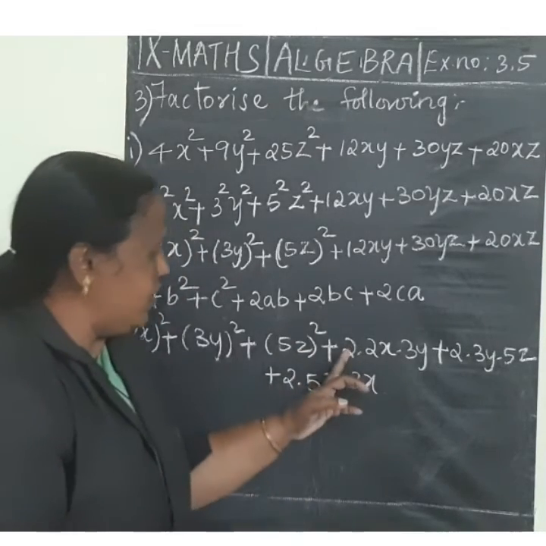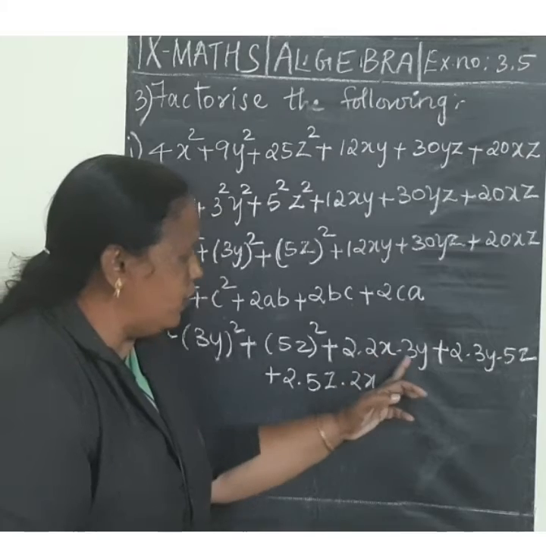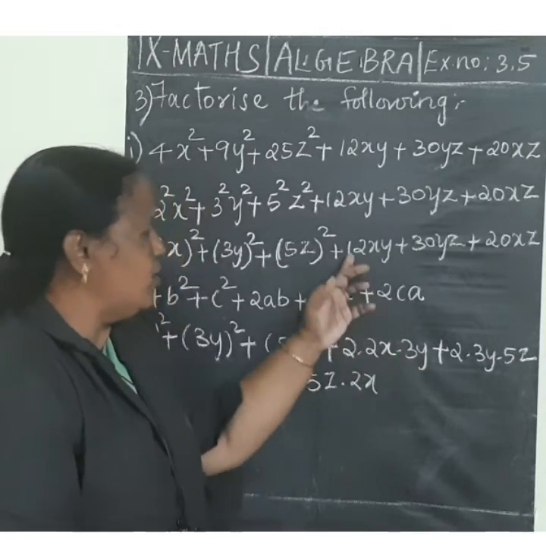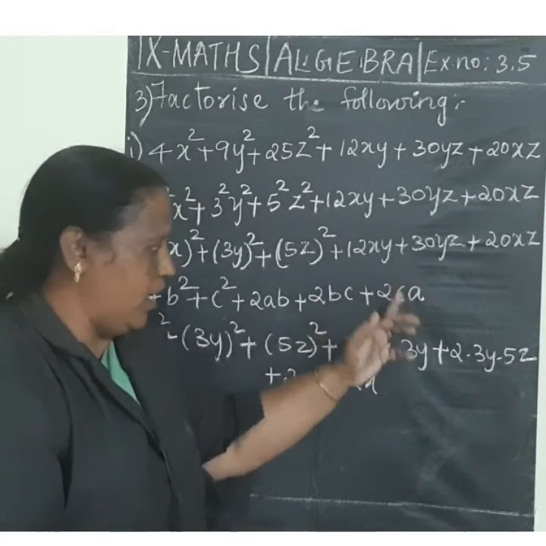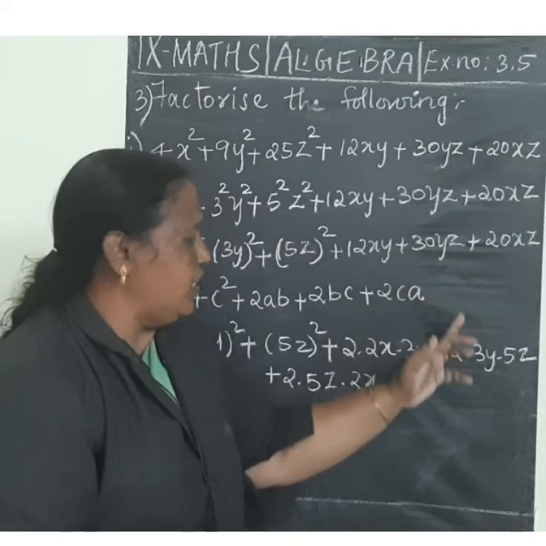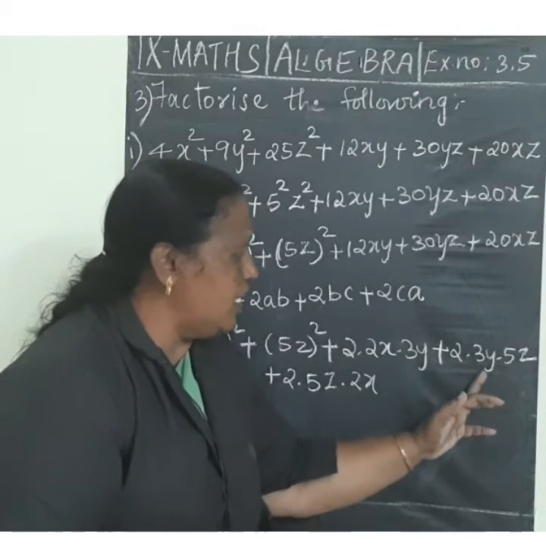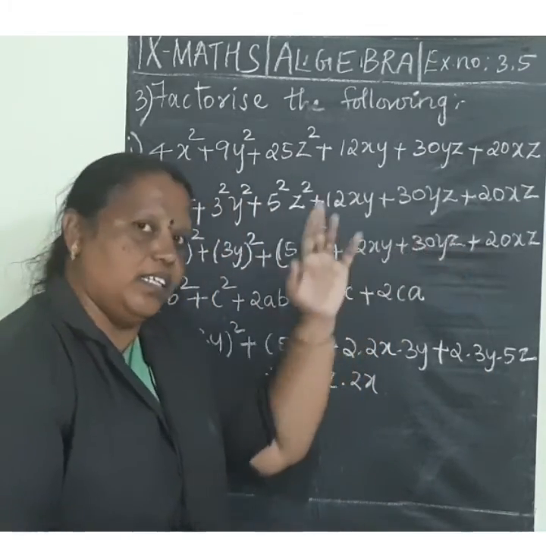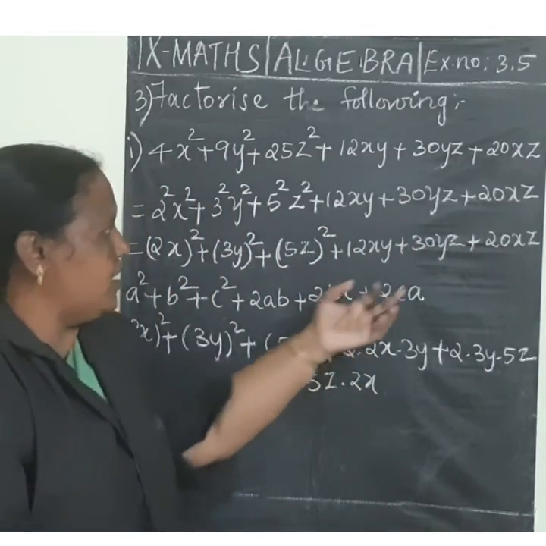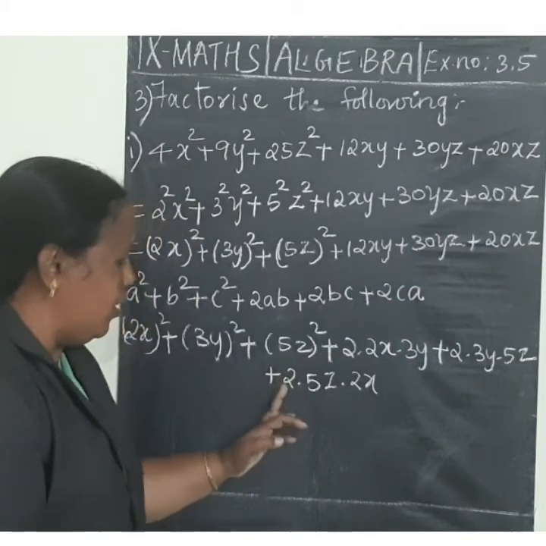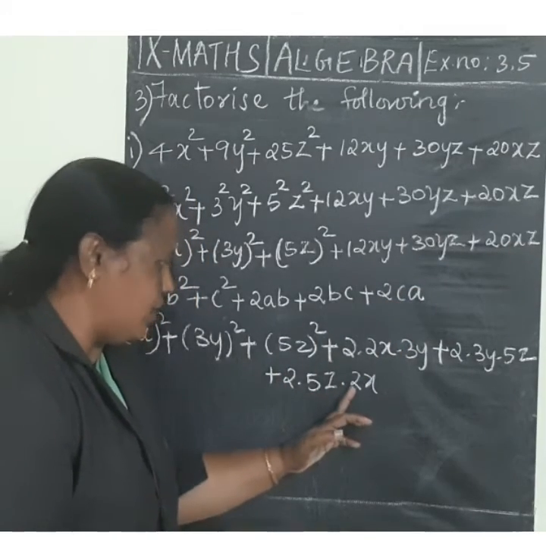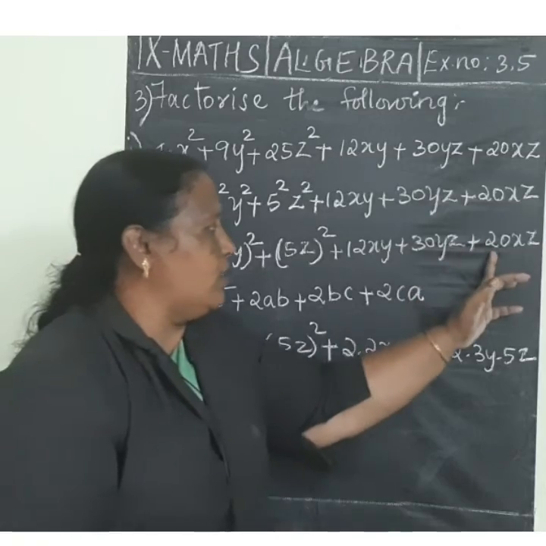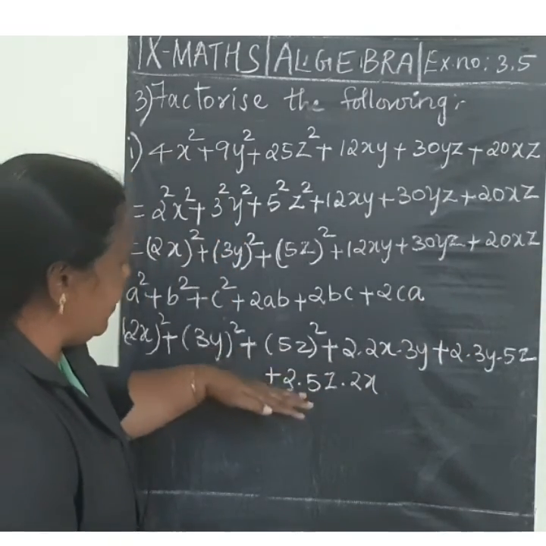Now if we multiply this one, 2 2s are 4, 4 3s are 12, 12xy. So we are getting the question's 12xy. Next with 30yz we have to check it. 2 3s are 6, 6 5s are 30, y into z, yz. We are getting this 30yz. Now next 20zx we have to check it. 2 5s are 10, 10 2s are 20, z into x, zx. So 20xz.